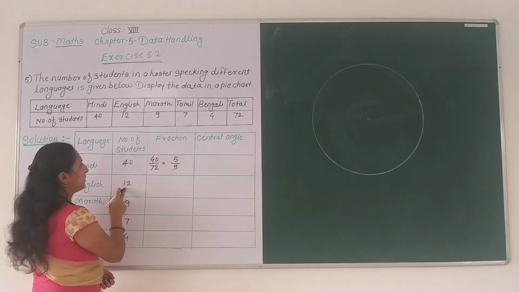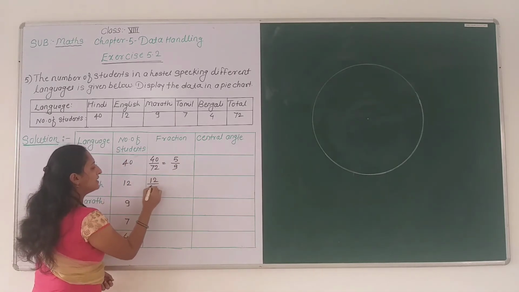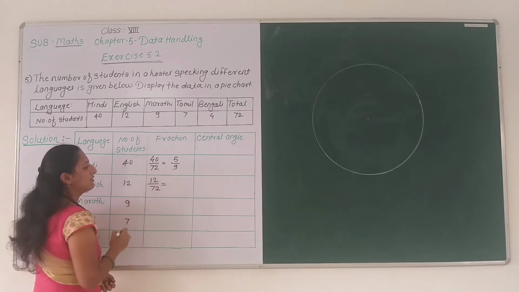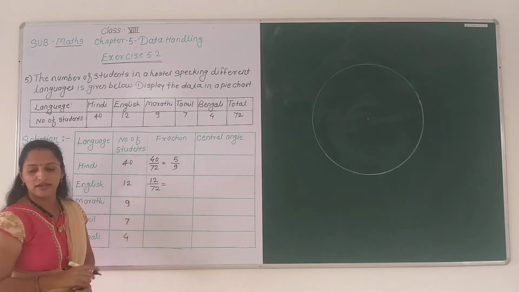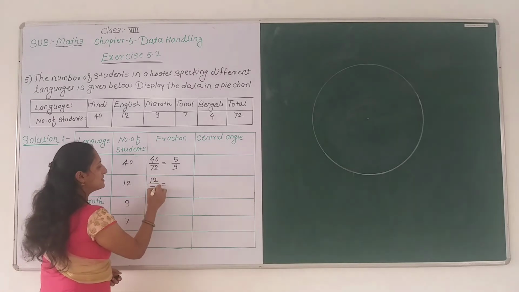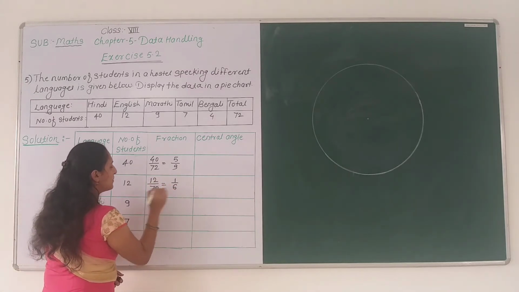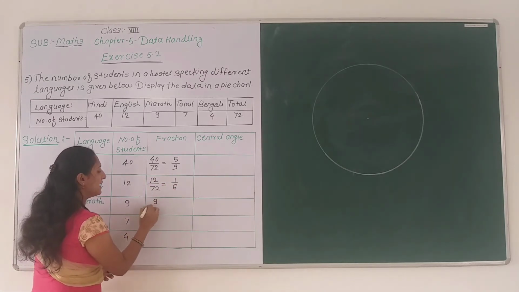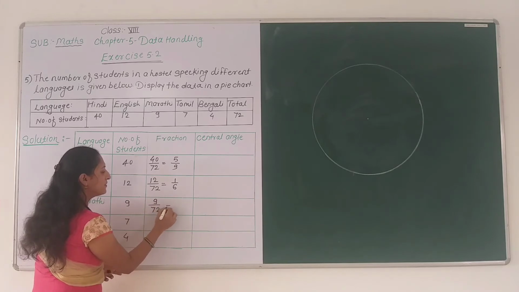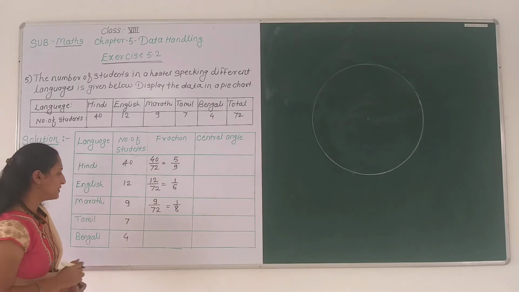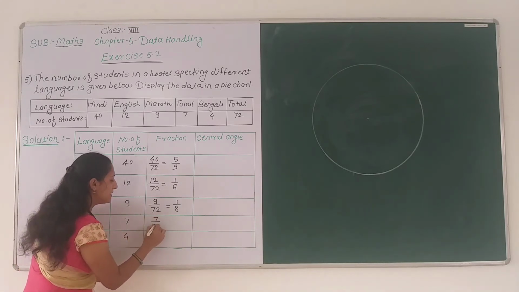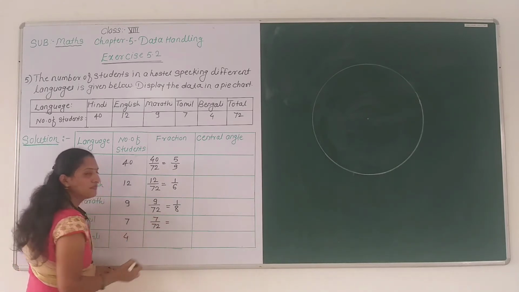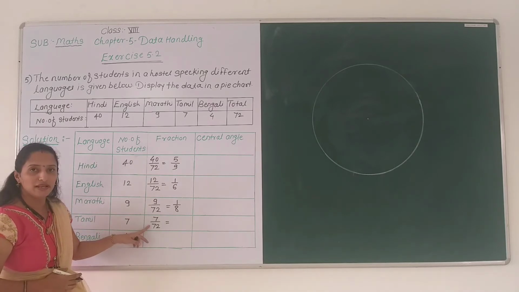Next, 12 divided by 72. 12 sixes are 72, so that is 1 upon 6. 9 divided by 72 is 1 upon 8, since 9 eights are 72. Then 7 divided by 72. Now there is no common factor between them. Why?